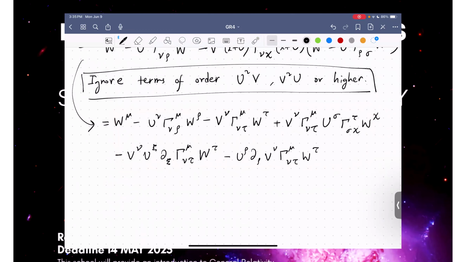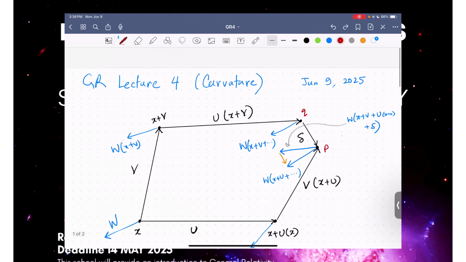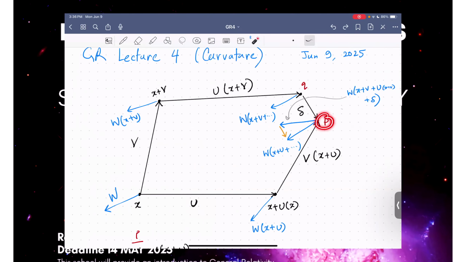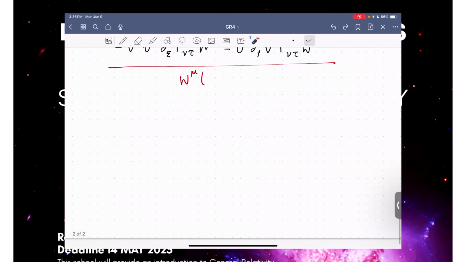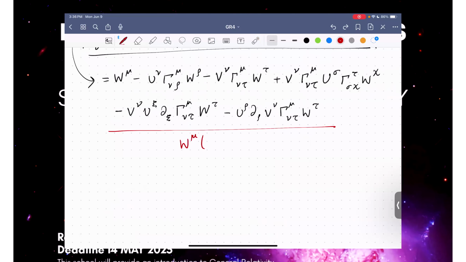And just to keep track of things, this is our W mu at, what was the name of the point? P, here. This is W mu at P, but we also have to remember which path we took, right?